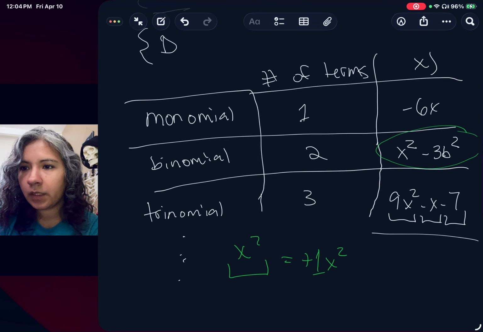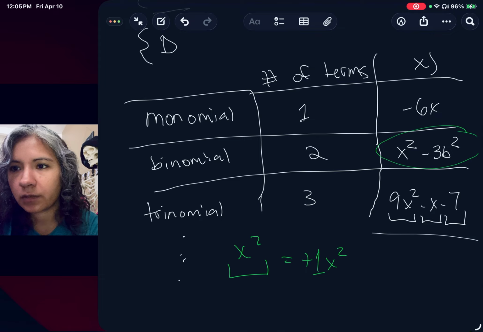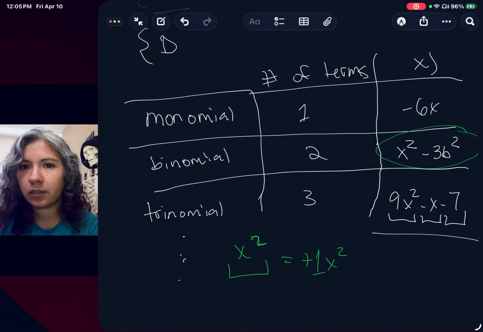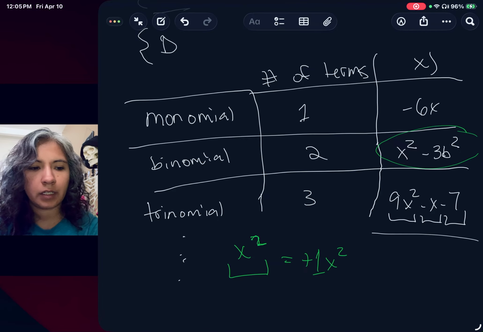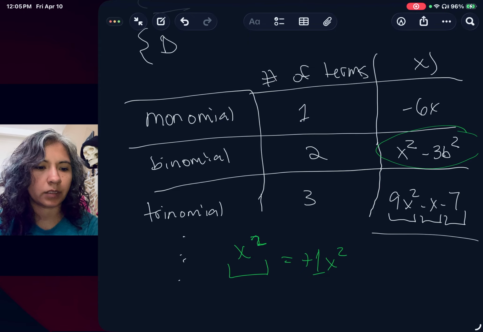Because it's the same as if we multiplied 1 times x squared. 1 times anything is itself, so it's still x squared, but we just have to remember that when we're solving these problems sometimes.